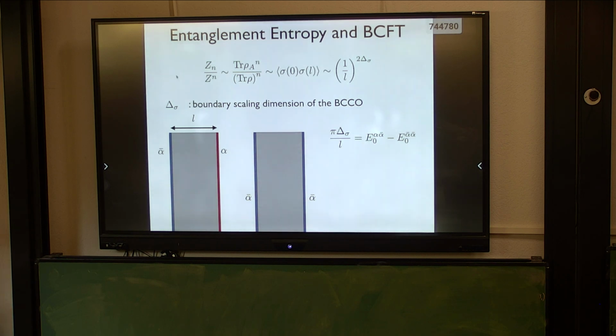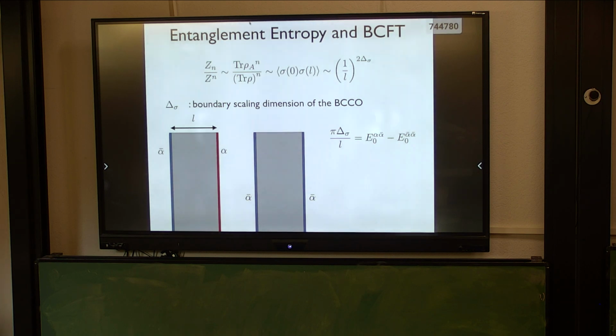Then you have an infinitely long strip, with one boundary condition on the left and the other boundary condition on the right. If you do this mapping, then the boundary scaling dimension of the boundary condition changing operator can be obtained by the ground state energy of this red-blue boundary condition on right and left, subtracting the ground state energy of the reference state, that is, the blue-blue boundary condition on both sides.